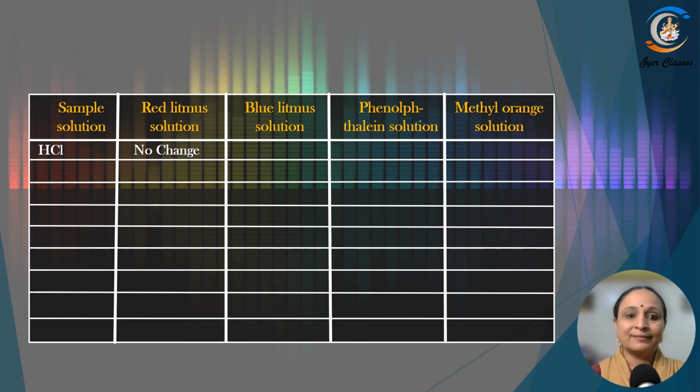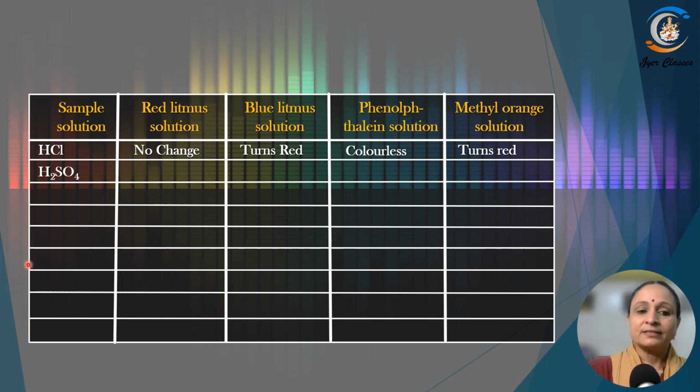No change. What happens when it is put into the blue litmus solution? It changes red. What will happen in phenolphthalein? Yes, it will remain colorless. And what about the methyl orange solution? It will turn red, right?